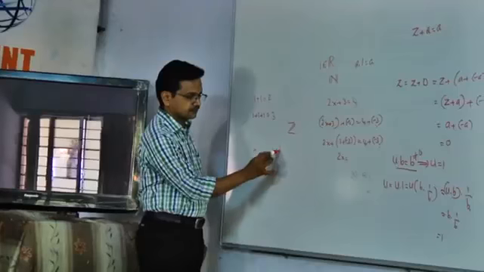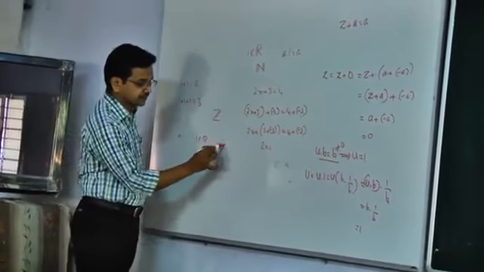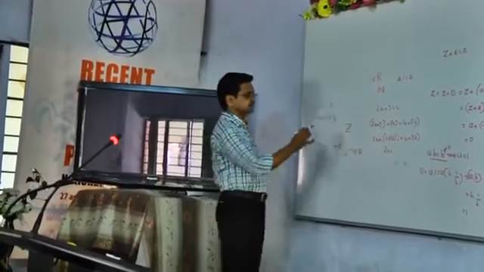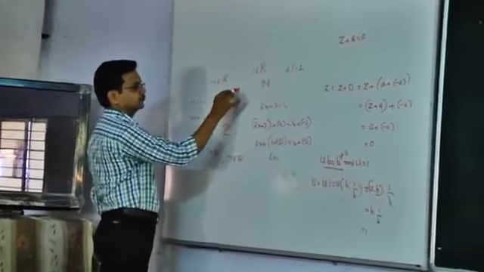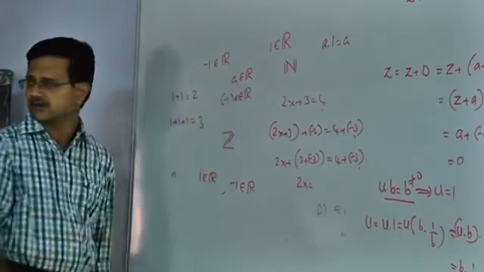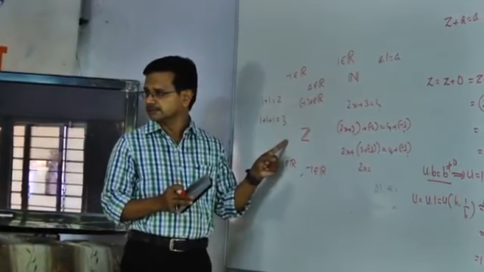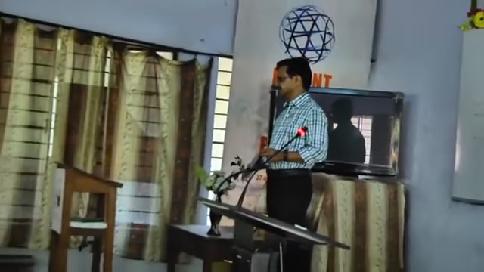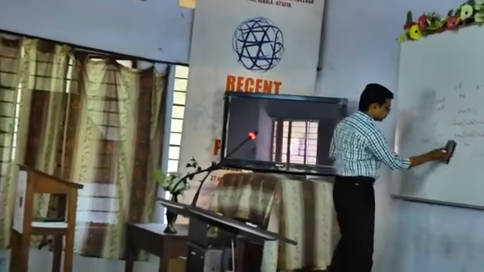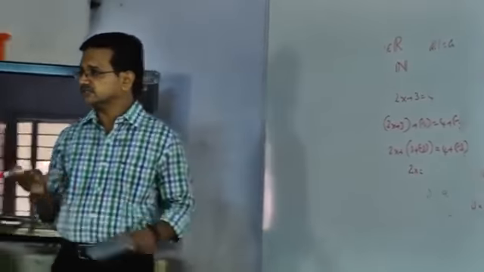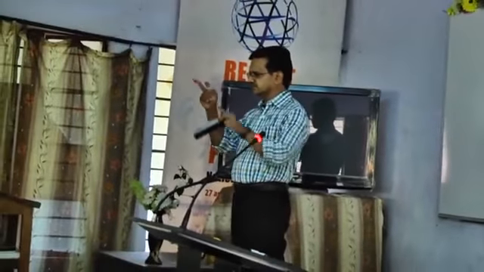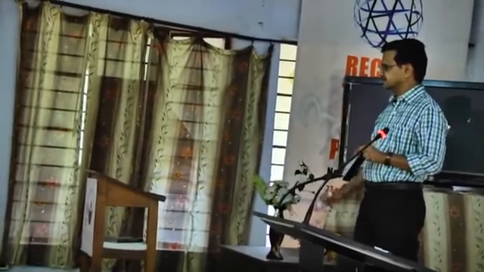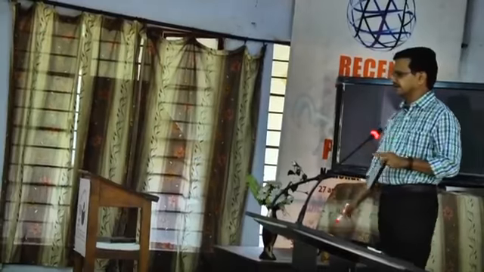We know 1 is in R. If 1 is in R, minus 1 is also an element of R. Then minus 1 an element of R and a an element of R imply minus 1 into a is an element of R. By using natural numbers and this minus 1, we can show that integers are also a subset of R. Next, by using the operation of division, we can also show that rational numbers are a subset of R. So by using the algebraic properties, we can show that R contains natural numbers, integers, and rational numbers.